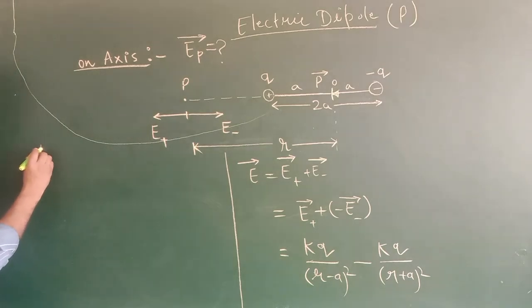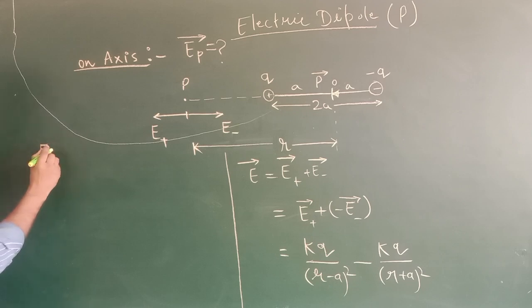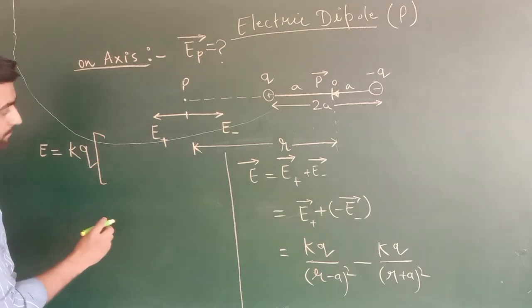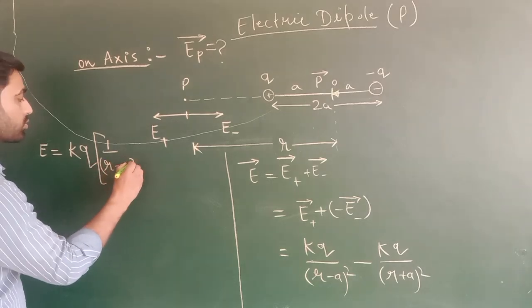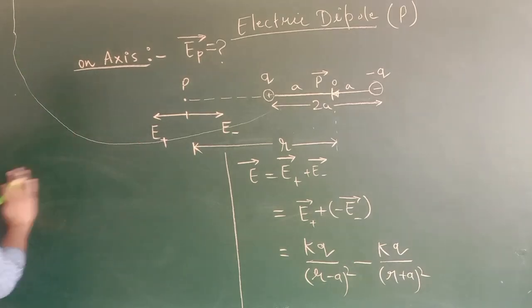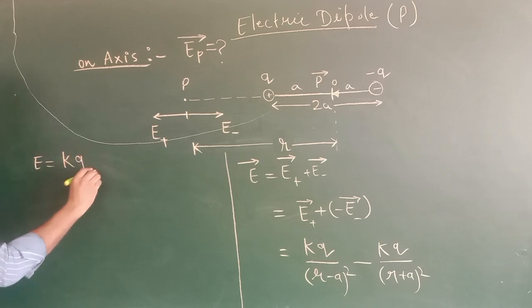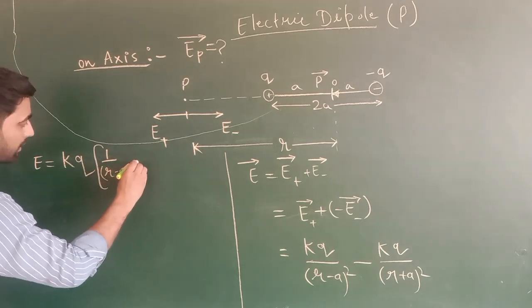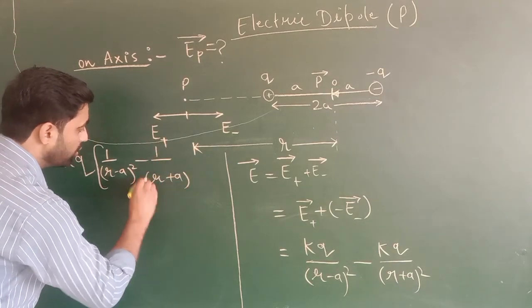So E is kq times 1 by r minus a whole square minus 1 by r plus a whole square.